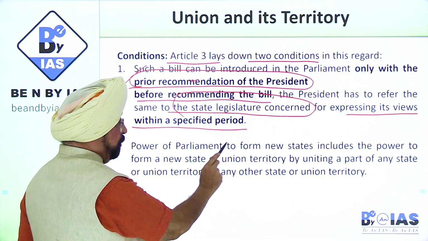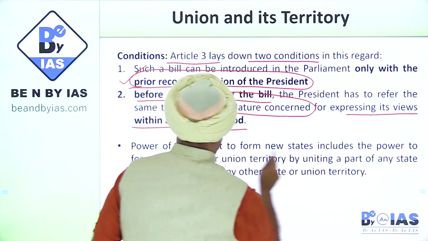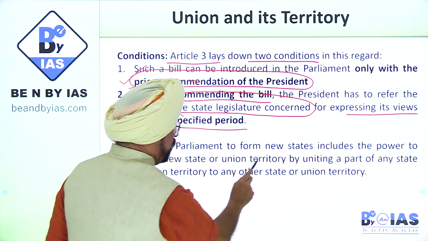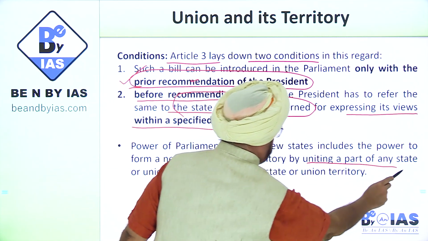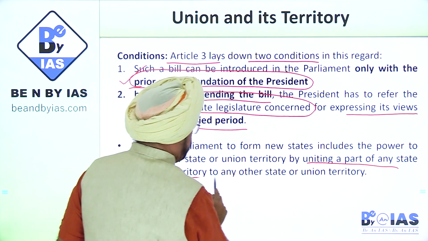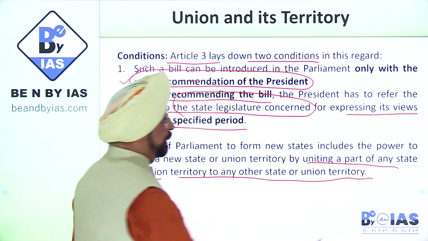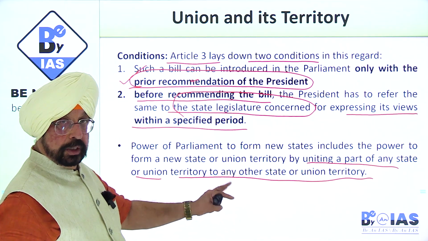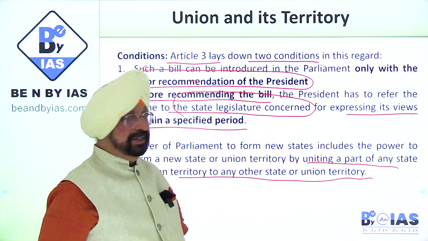The power of Parliament to form new states includes the power to form a new state or union territory by uniting a part of any state or union territory to any other state or union territory. This is a part of reorganization which we have already seen.